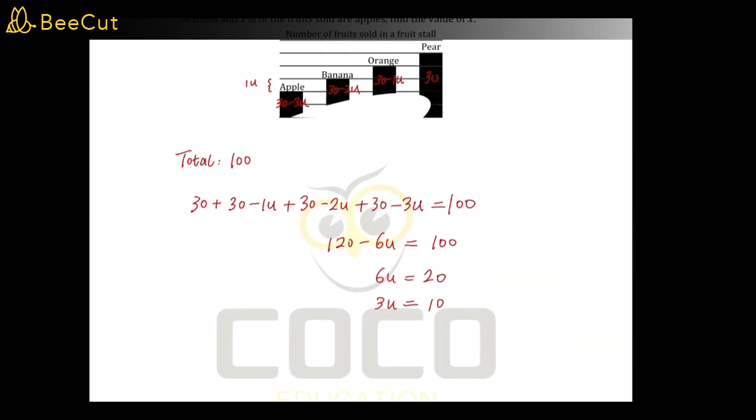So it's the apples over the total. The number of apples is 30 minus 3u, so 30 minus 10. The total is 100. This is just 20%. So x equals 20.